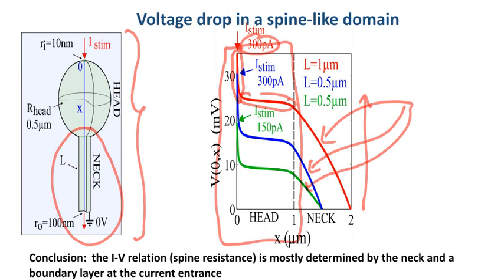But what is interesting is the following aspect about the geometry. If we have a spine neck length of about 1 micron, and if we inject about 300 picoampere, then if we inject a smaller current of about, let's say, 150, but at the same time reduce the spine neck length, we see that it's not just a scaling.